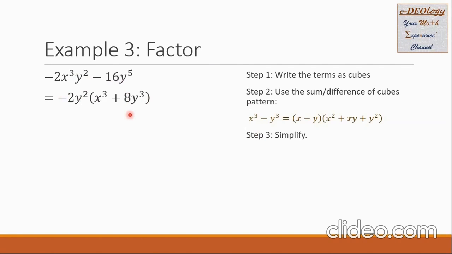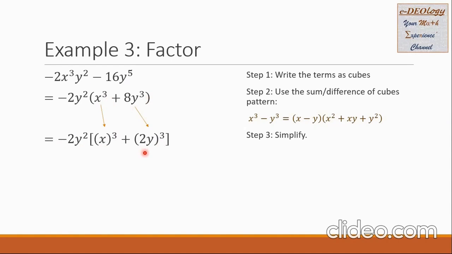Let us write the terms as cubes. So first I copied the GCF, negative 2y squared, and then the x cubed is now written here as the cube of x. The 8y cubed is now the cube of 2y. Now let us go to step 2. Let us write the factors.